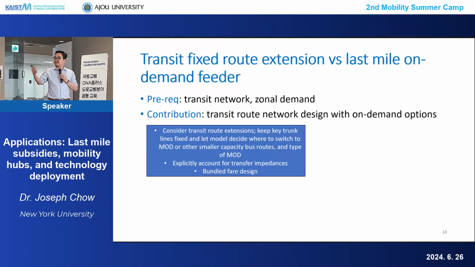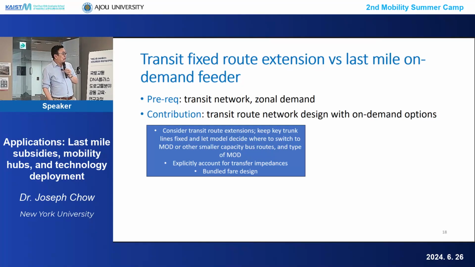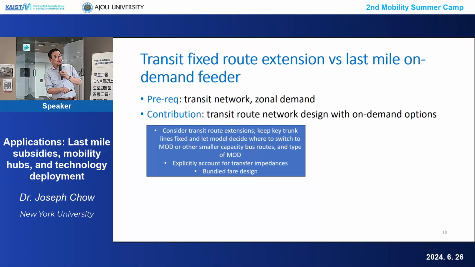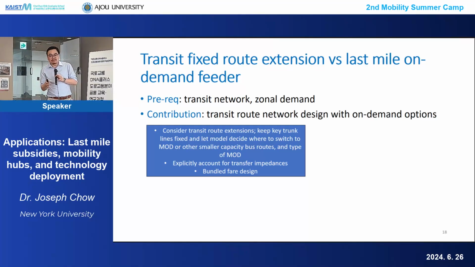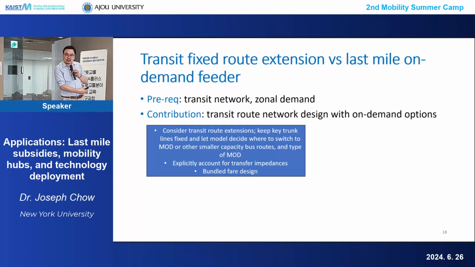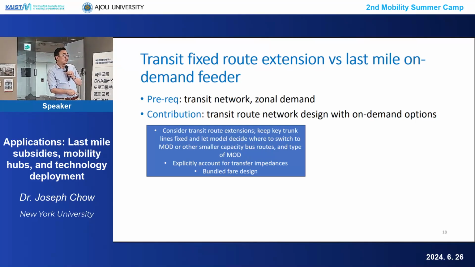That's if you're looking at something in maybe Daejeon or somewhere. Contribution here, we're looking at transit route network design with on-demand options, right? So it's a specific problem, but we're taking the base framework that I had mentioned earlier, simplifying it to smaller considerations so that we can answer these kinds of questions, right?